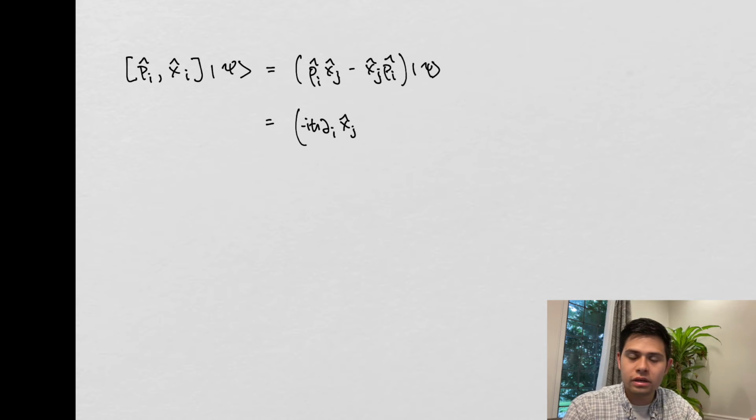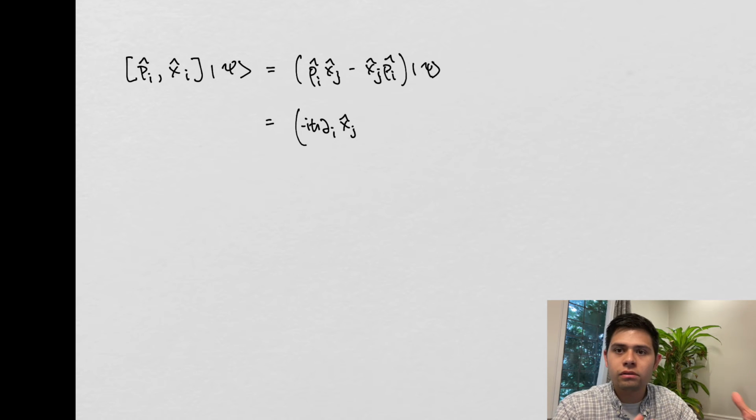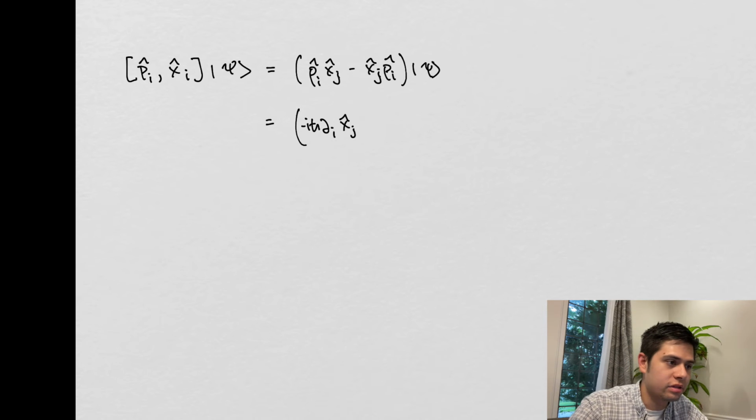And i and j can be of a different particle or a different independent variable within your system. i and j can be different. They can also be the same.